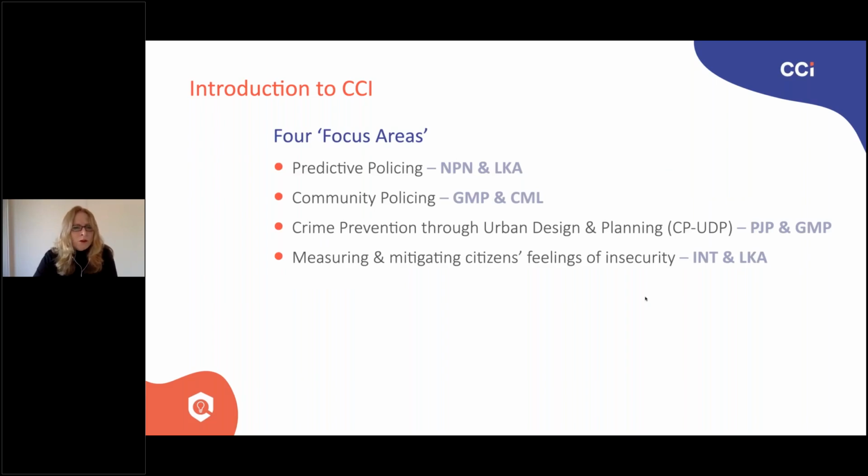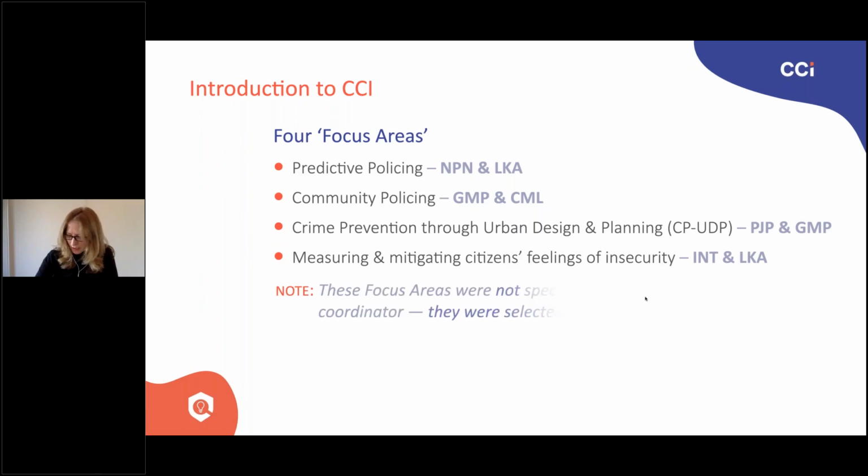We have 4 focus areas: predictive policing, community policing, crime prevention through urban design and planning, and measuring and mitigating citizens' feelings of insecurity. And each of those focus areas is addressed by 2 law enforcement agencies.